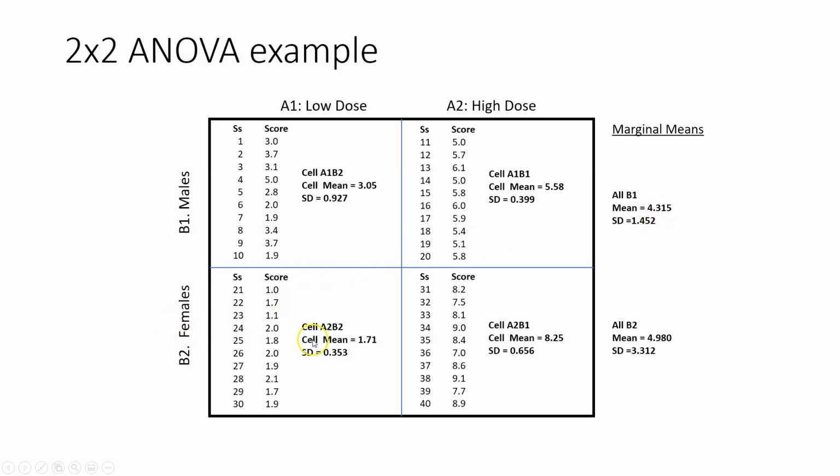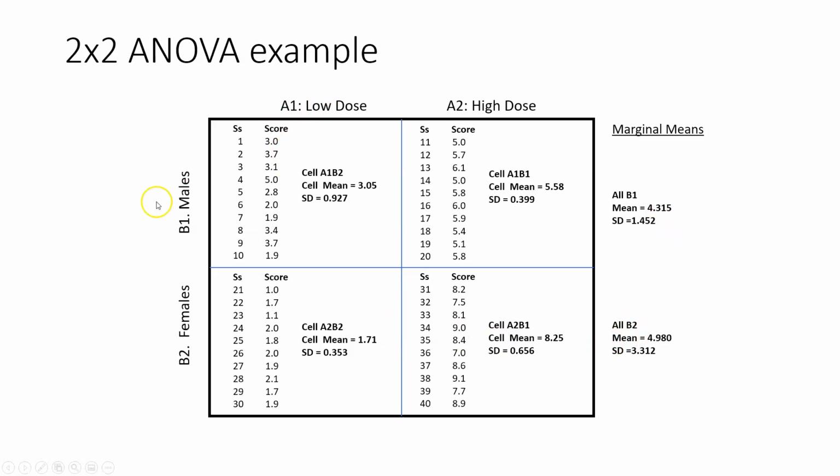And the females, ignoring their dosage, just averaging across all 20 of these people, regardless of their dosage, they have an average of 4.98. Now, if we ran statistics on this, we might find, perhaps, that 4.98 was statistically different from 4.3, but I doubt it. Those are pretty similar to each other, so there probably is not a main effect of gender.